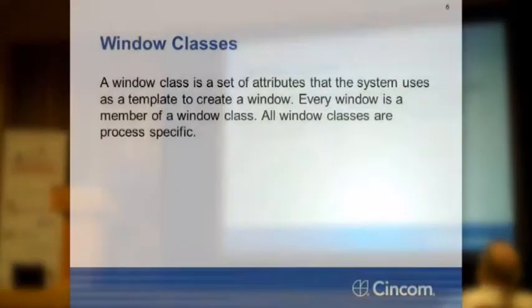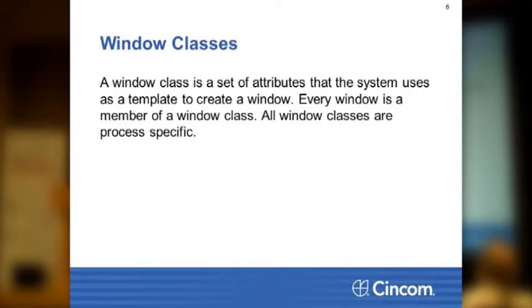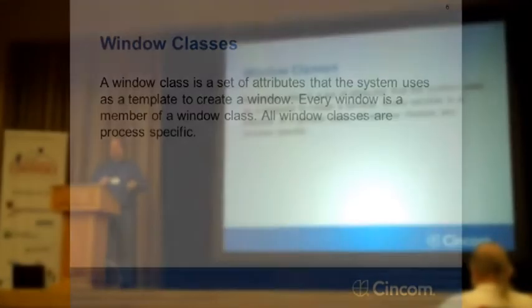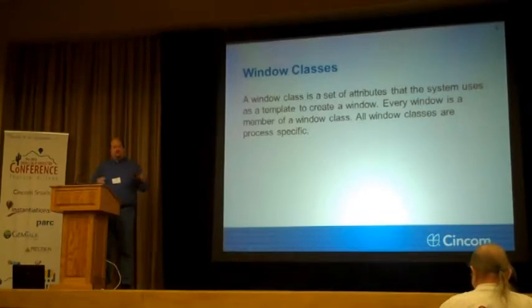Window classes. They're not really classes like in the traditional Smalltalk sense. They're basically types of windows that have a common icon, a common window procedure, a common behavior, so you need to tell Windows that your class exists before you can actually use it.